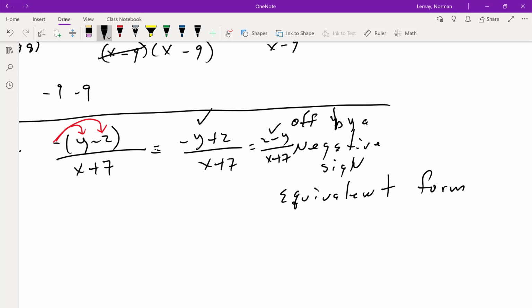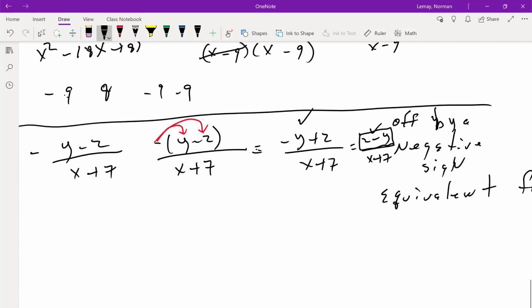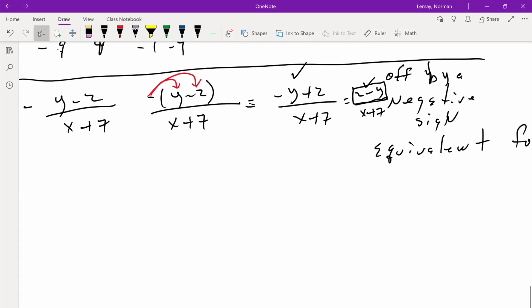A lot of times when we say we're off by a negative sign, we need to flip these two. For example, these two right here. Notice I have a 2 minus y. So the question is, how do I rewrite this as y minus 2? We're off by a negative, so we factor out a negative. The second thing we can do is bring the negative down to the bottom.